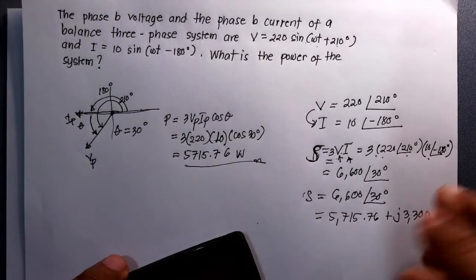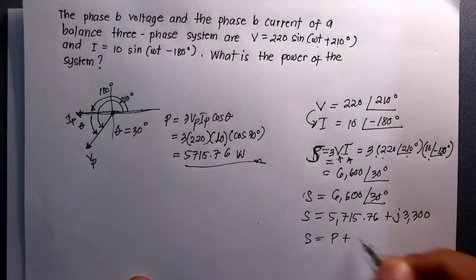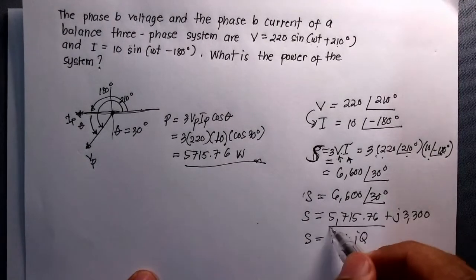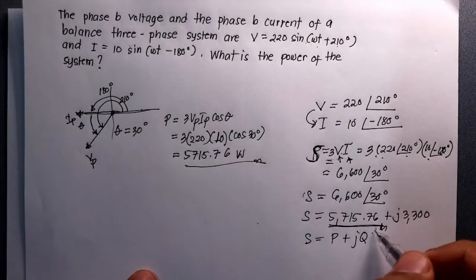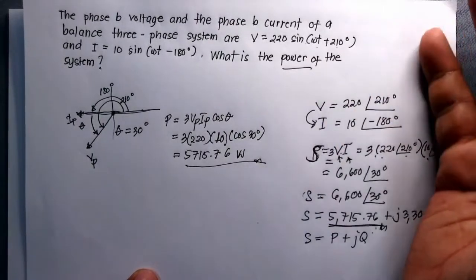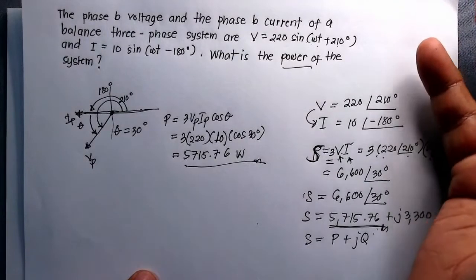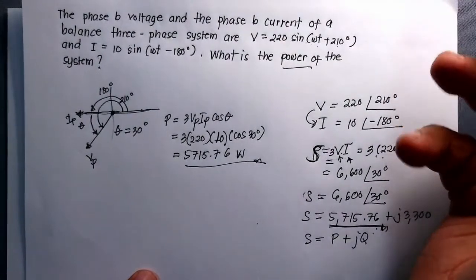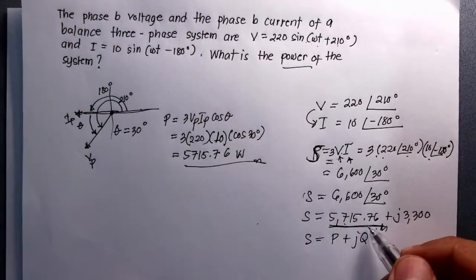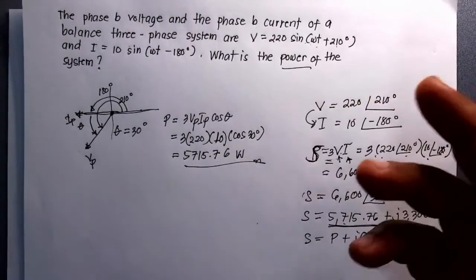Since this is of the form S equals P plus jQ, this is the result. When we mean the power of the system, since it is not stated as reactive or apparent or real, you always take it as the real power. So that is 5,715.76.